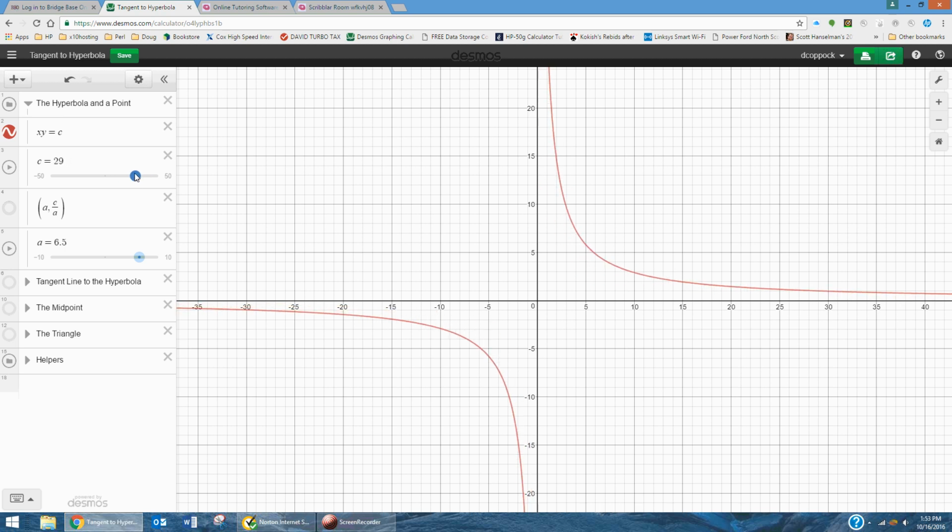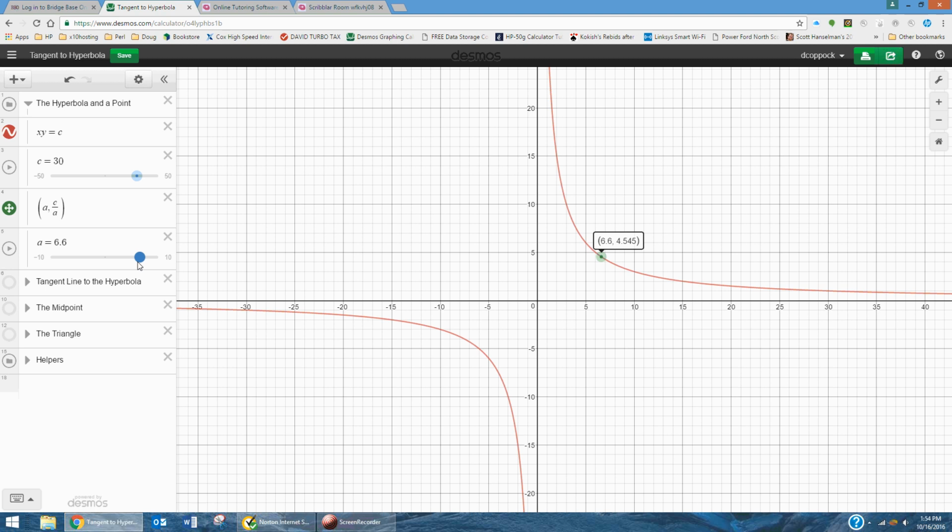I'll leave that set at, let's say, 30 for right now. The point (a, c over a) is the arbitrary point that lies on the hyperbola, and I've got a slider for a, so you can see that the point can slide along the hyperbola, and it can even go over to this side.